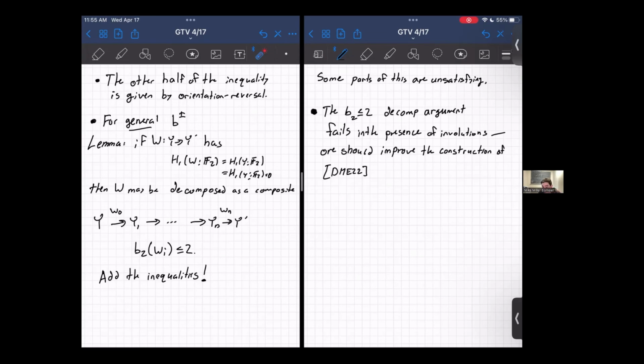To resolve that, you should try and improve this construction of ours that handled these nearly unobstructed cobordisms to just handle general obstructed cobordisms.